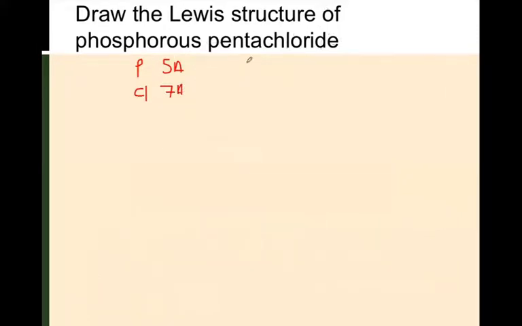So we have 5 valence electrons from phosphorus, and phosphorus pentachloride is P for 1 phosphorus, penta meaning 5, so Cl5.